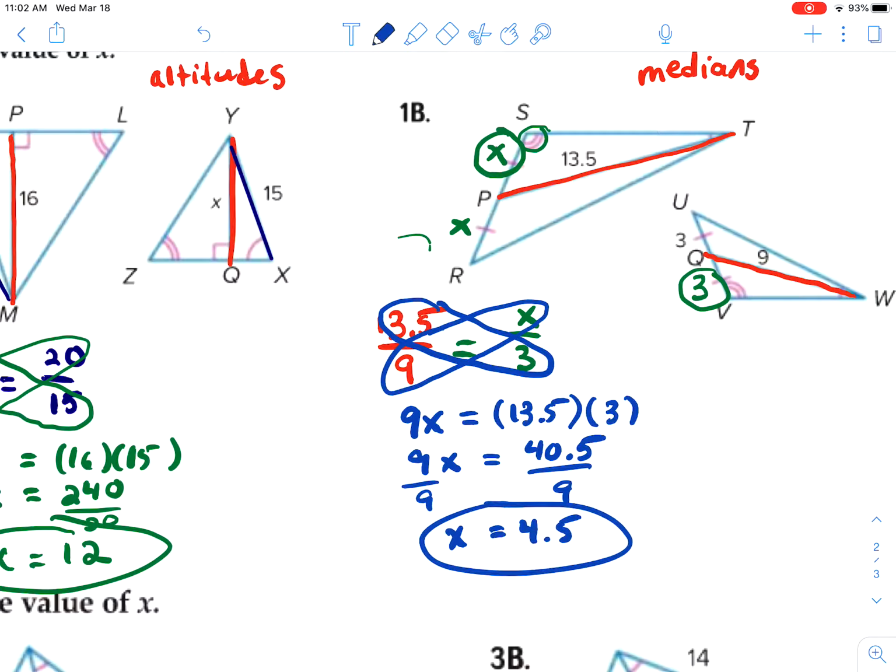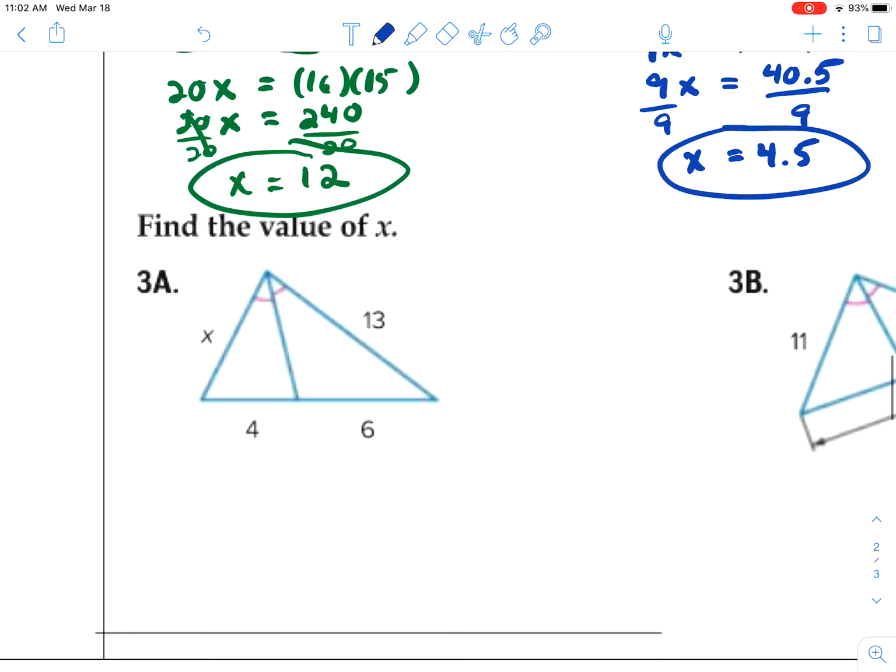All right, example 3a. Look at what we have here. We're looking at angle bisectors this time. And notice that we're looking at just the one triangle this time with our angle bisector.